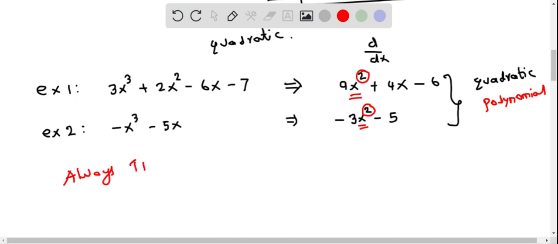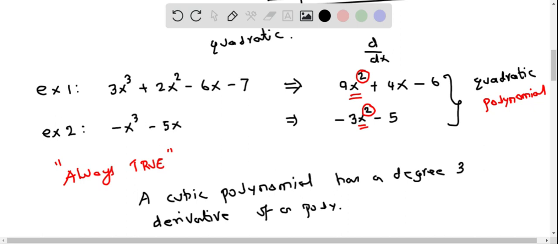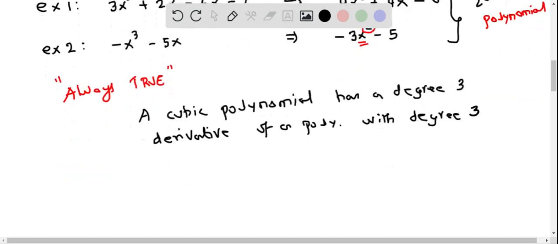The given statement is always true, and the important reason behind this is that a cubic polynomial has degree 3, and the derivative of a polynomial with degree 3 will always be a polynomial with degree 2.